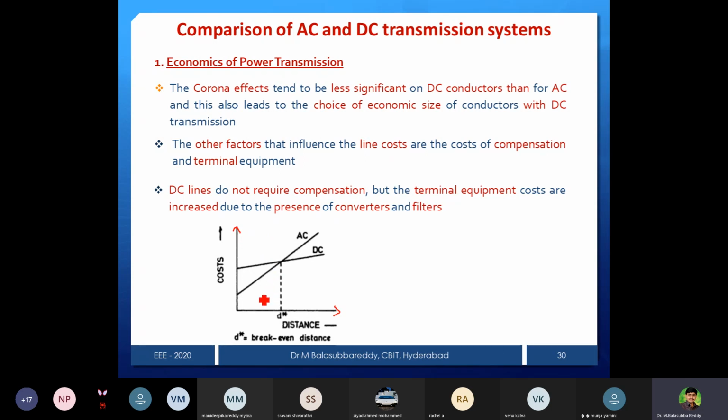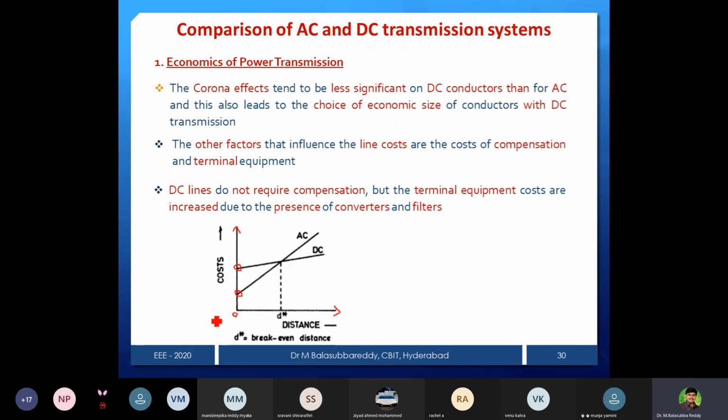In this aspect, starting point you can notice this one and this one. So what is this? Distance 0. That means installation cost or a starting cost.